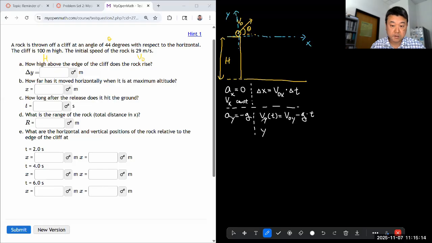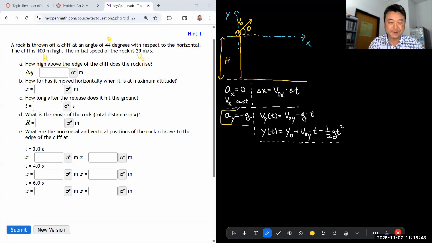And the y position, consistent with this constant acceleration, will be whatever y position you had, plus the part attributable to the initial speed, v naught y times t, and the part attributable to the acceleration, minus 1/2 g t squared. We covered these kinematics formulas for constant acceleration, and projectile motion is a good source of examples because of this constant acceleration. All right, with all those in mind, let's work through the question one step at a time.